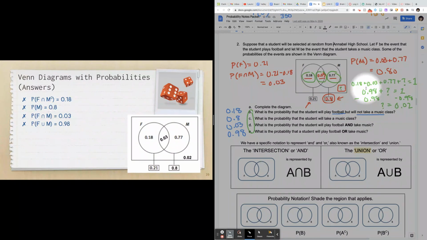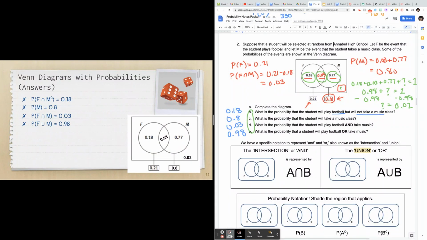Another way you could figure that out is 1 minus the not probability. You could have done 1 minus 0.02 because that would give you everything else that's left inside the Venn diagram, which is 0.98. So those would be your two ways that you could figure that or probability out.